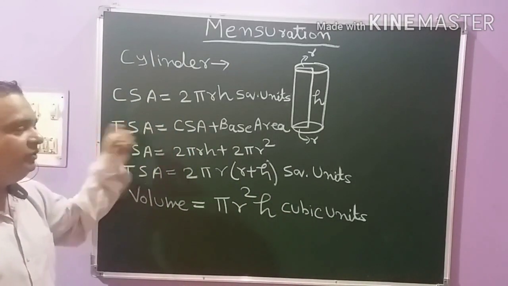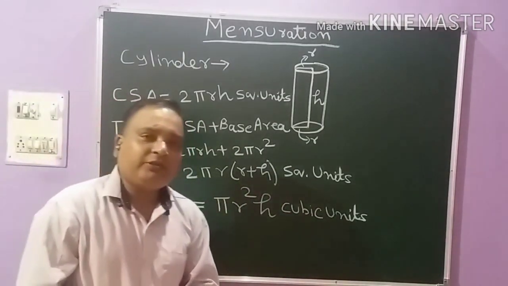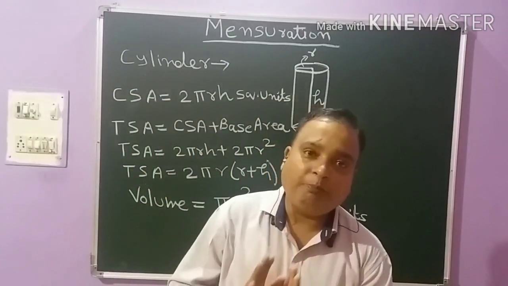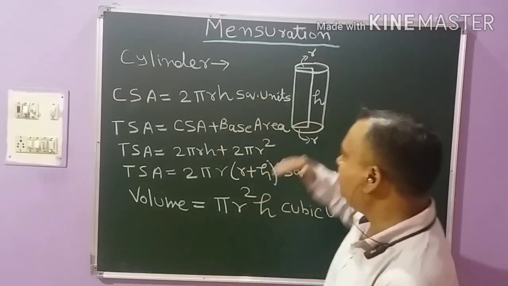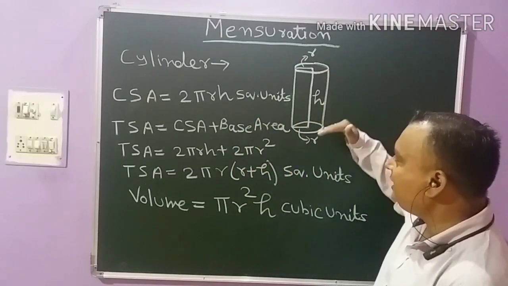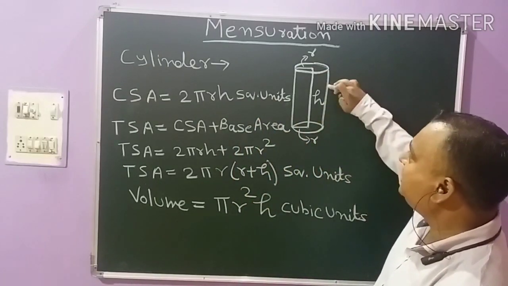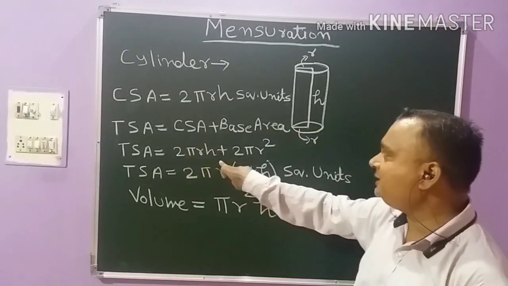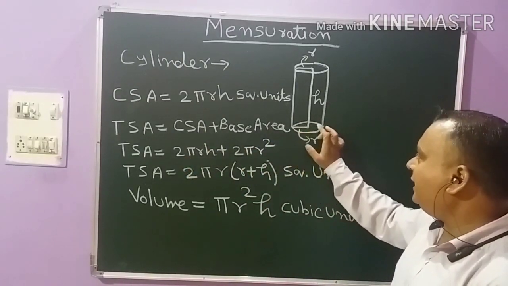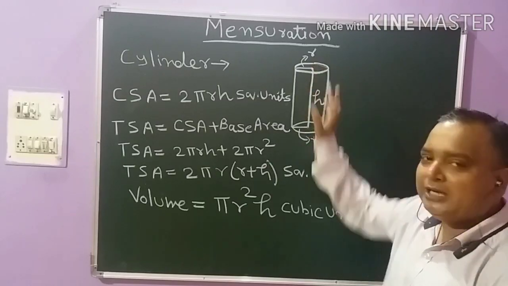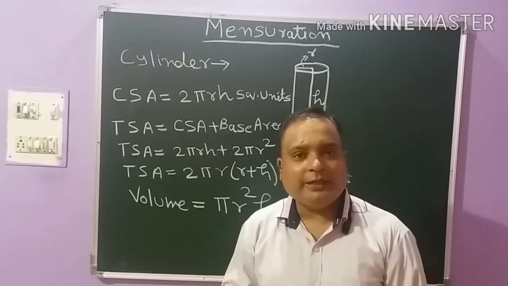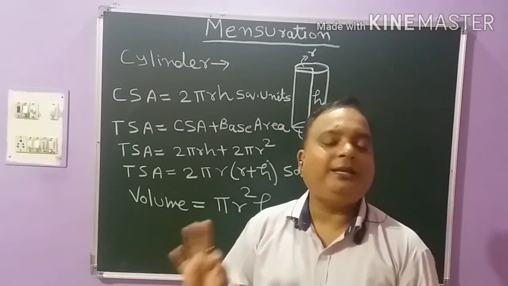Next, total surface area. What is the total surface area? It is the summation of the curved surface area plus the base area. Base area means the area at the top and the area at the bottom, along with the curved surface. The curved surface area is 2 pi r h. Now the area at the bottom and the area at the top are each the area of a circle, and we know that the area of a circle is pi r square.